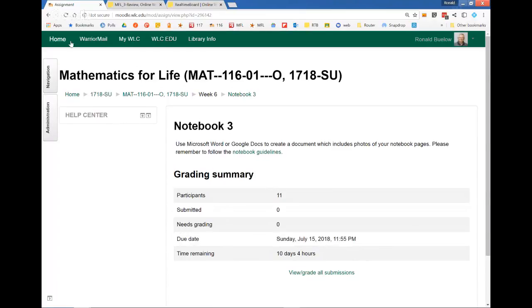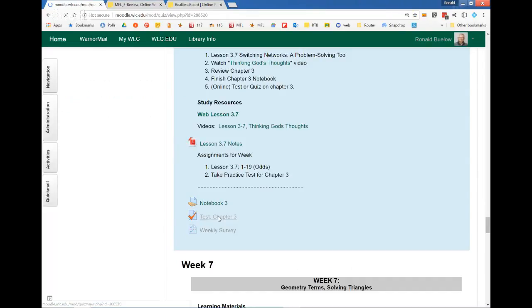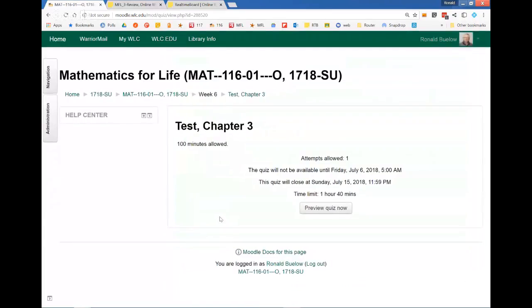And when you go back to the test, you could take that as early as 5 o'clock tomorrow. It has a deadline on it that says it will close Sunday the 15th. So you have an extra week basically on the notebook and the test for this chapter. Then I might be able to memorize those. So you do have some time to memorize.